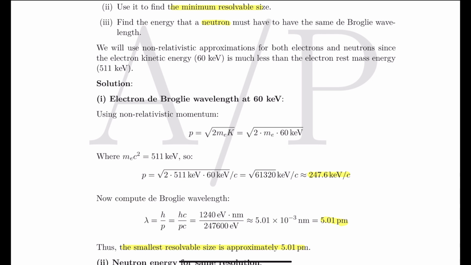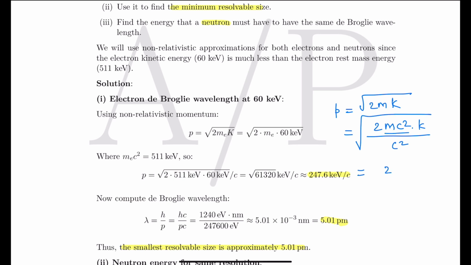So how did we arrive at this? Let me tell you very clearly that momentum is the square root of 2 times mass times kinetic energy. But if you multiply the numerator and denominator by c square, like 2mc square times K, divided by c square, then 2mc square is nothing but twice the rest mass energy. So we could write that the square root of 2 E naught K, divided by c, is the momentum. This provides an easier mathematical computation, because we know that E naught for the electron is 511 kilo electron volt, and K is 60 kilo electron volt.